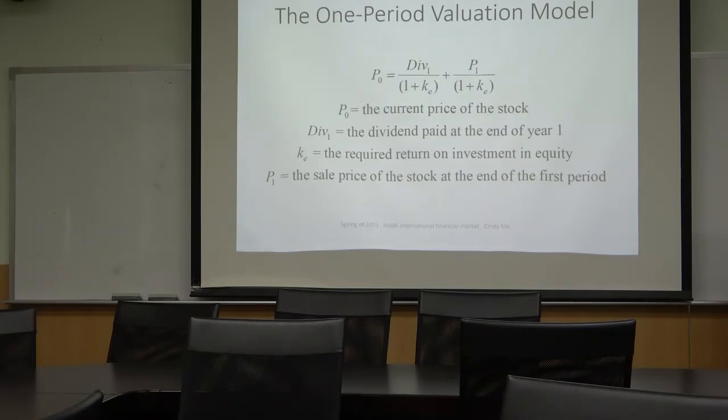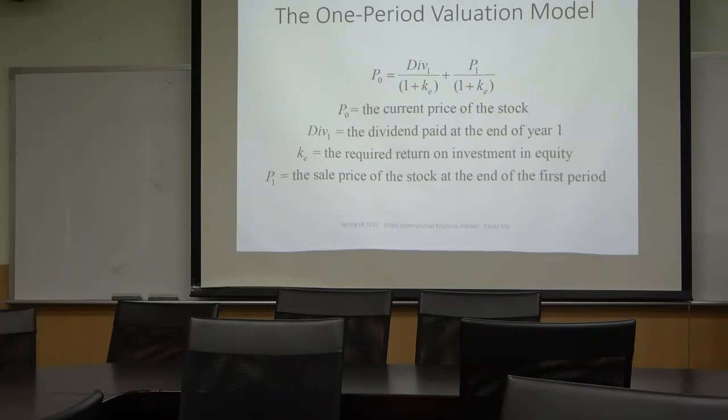So we just consider that the person invests in the stock for 1 year. During the year, the investor receives dividends at the end of year 1, and then the investor sells the stock at the end of the first period, and the price he sells at is P1.